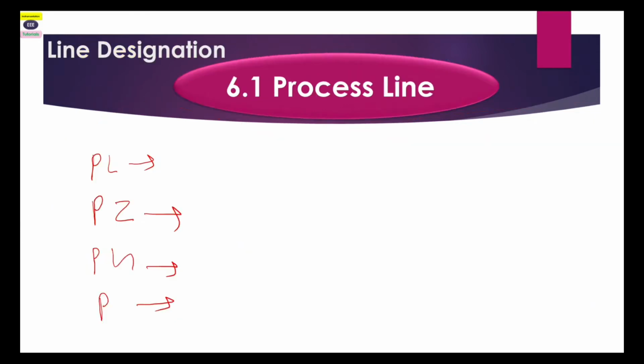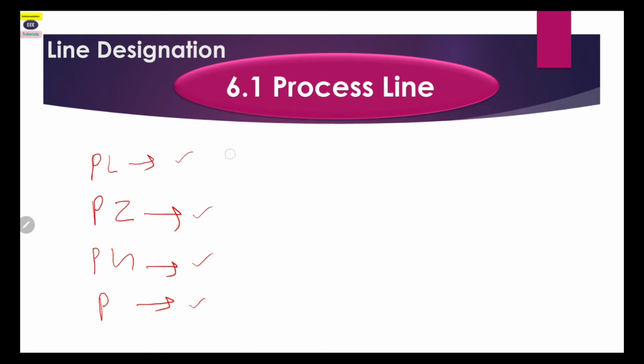So let us start. First, you have seen in your P&ID, in your plant or in your oil and gas industry, some process line is written PZ, PL, PG and P. So what are the meanings of each term?